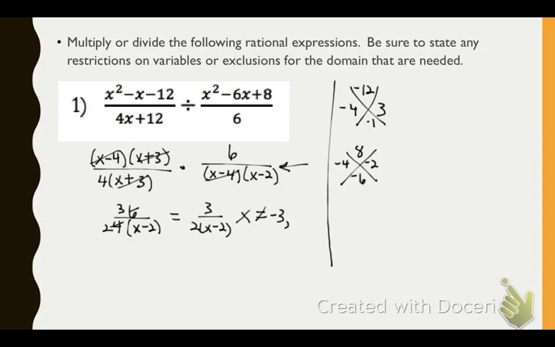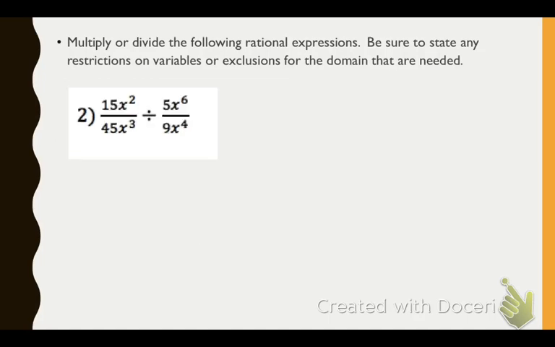So we don't need to exclude anything for the 6, but in the two expressions below, we need to exclude a positive 4 and a positive 2. So our final answer is 3 over 2 times the quantity x minus 2, and x cannot equal negative 3, 4, and 2.